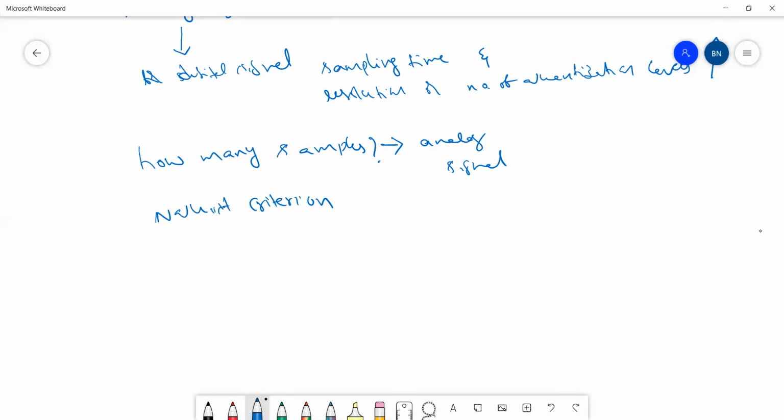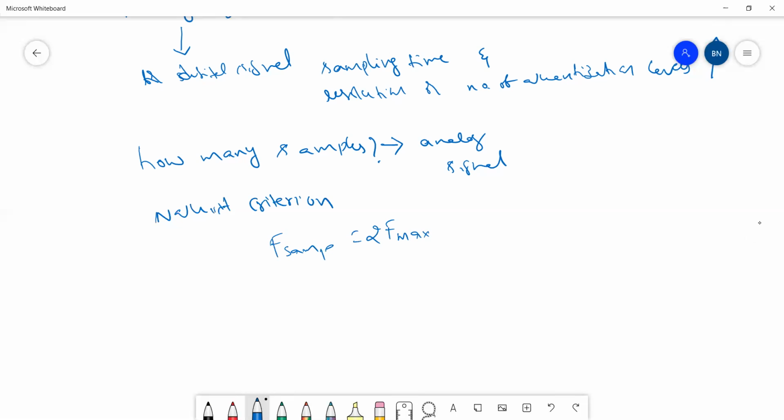So this criterion requires that the sampling rate is at least 2 times the highest frequency contained in the analog signal. Therefore, the sampling frequency is equal to 2 into F max, where F max is the highest frequency contained in the analog signal.